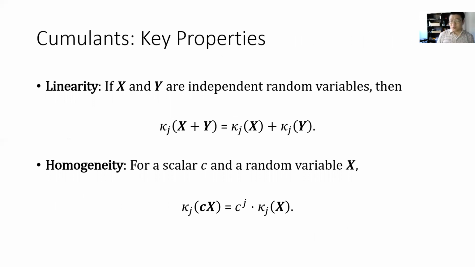Compared to moments, where linearity is only true up to order 2, this is true for any order of cumulants. And the second property we will use in this talk is homogeneity. When we rescale a random variable x by a factor c, the jth cumulant will be rescaled by a factor c to the j. Okay. So that's all I want to say about cumulants. Now I'm ready to tell you the basic idea.